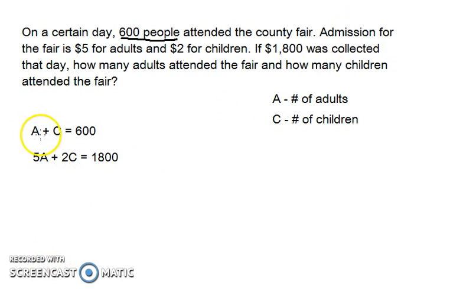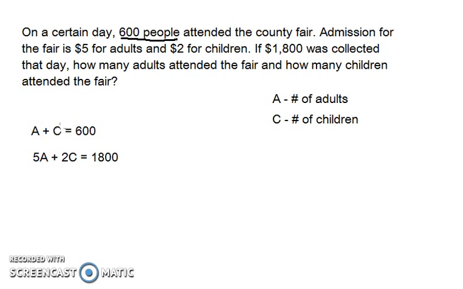So to do elimination, you want one of your variables in your two equations to have the same coefficient, but with an opposite sign. So where this says 5a, you would want this to say negative 5a. Or where this says 2c, you would want this to say negative 2c.